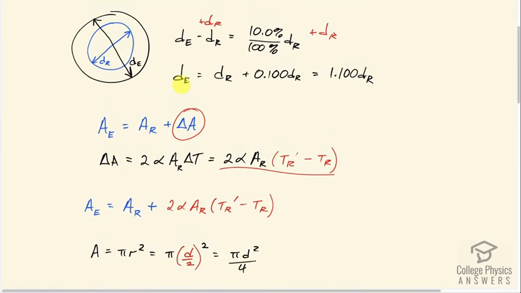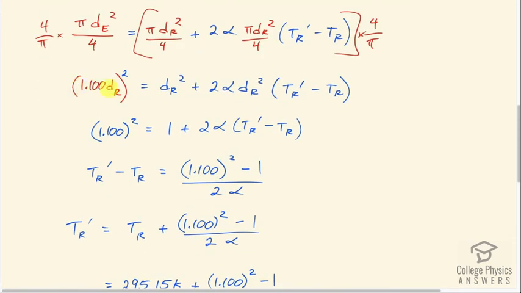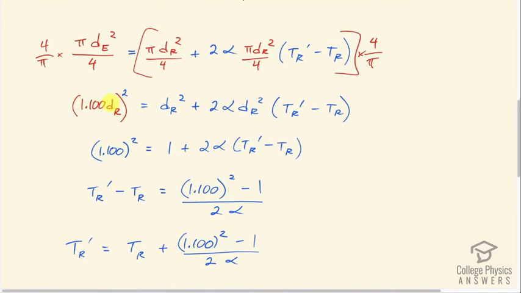The diameter of the engine is 1.1 times the diameter of the rod, so that's the substitution done here. Now the diameter of the rod squared is a common factor, so we can divide both sides by dr squared, and we get that 1.1 squared equals 1, because dr squared divided by dr squared is 1, plus 2 times alpha times tr prime minus tr.